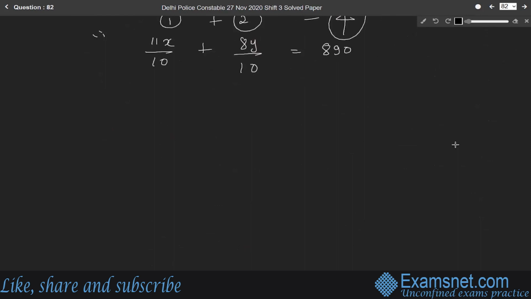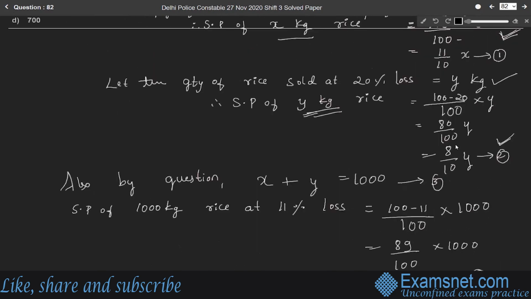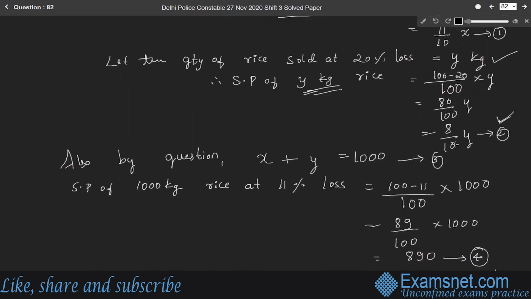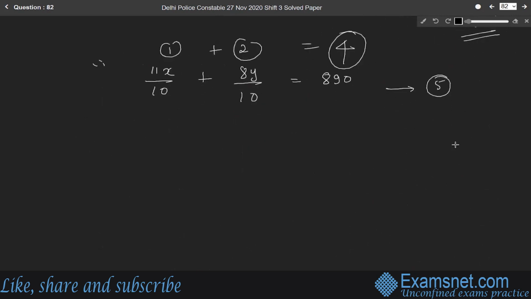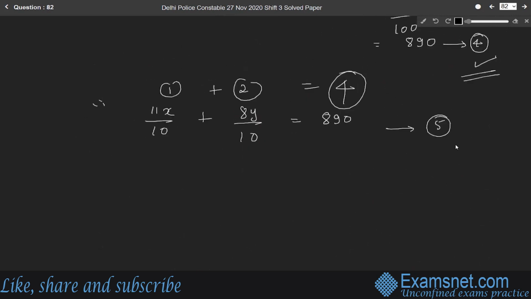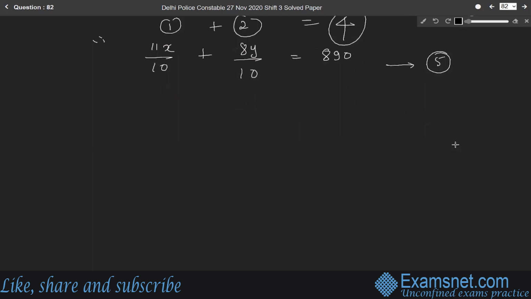So 11x by 10 plus 8y by 10, consider this as 5. Look at equation 3, which is x plus y is equal to 1000. So convert equation 5 in terms of x and y. Remove the fractions. We will get 11x plus 8y is equal to 8900.